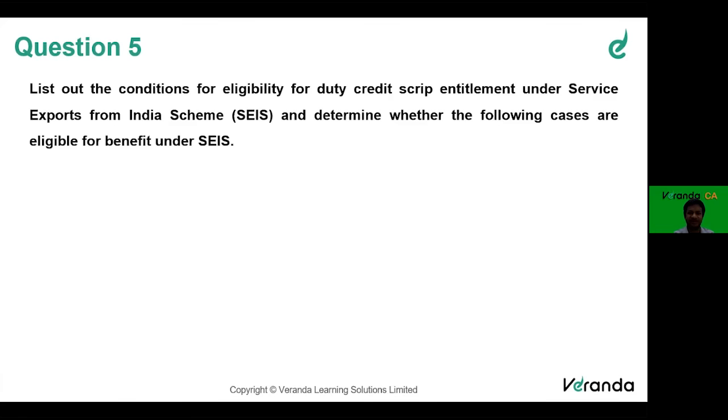Fantastic, Ravi. These are basically scripts you get, which you can use against imports, or you can sell them. There are traders who buy and sell MEIS scripts, SEIS scripts, etc.